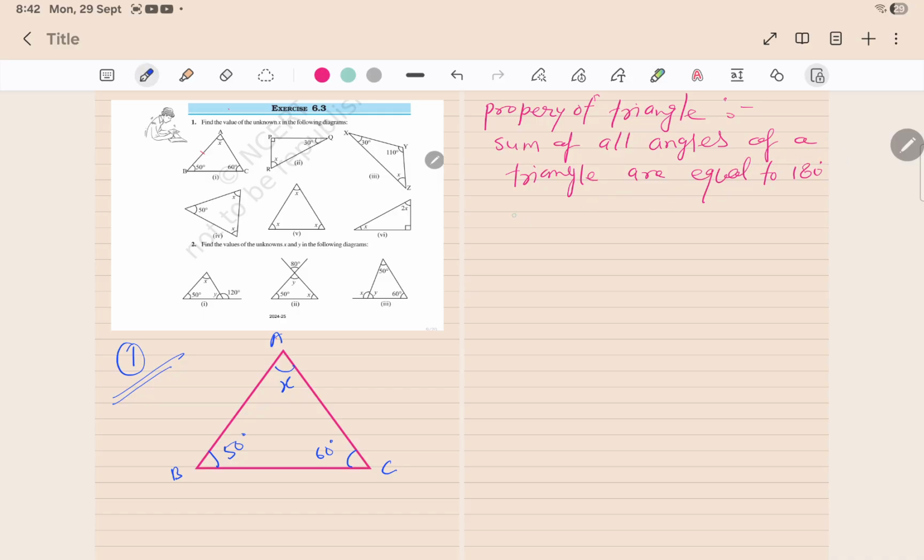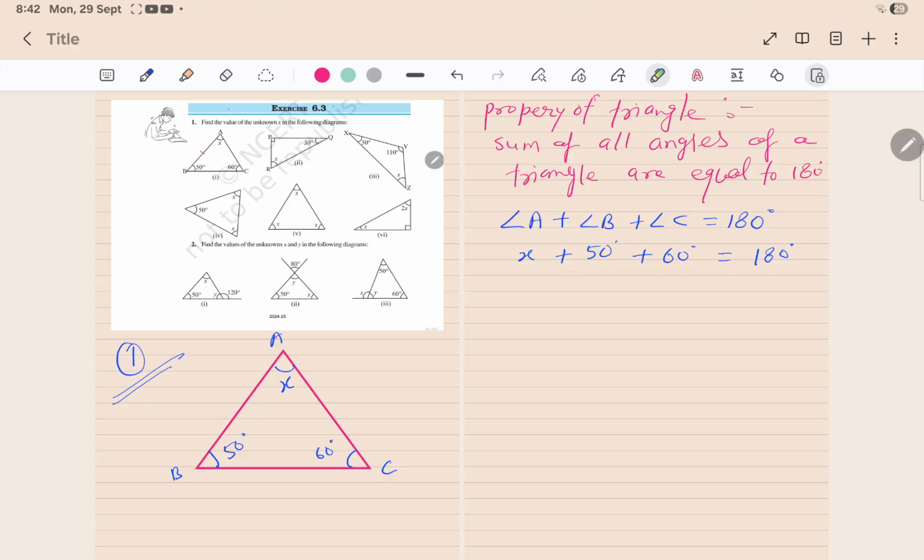We can write angle A plus angle B plus angle C equal to 180 degrees. Angle A is x, angle B is 50 degrees, angle C is 60 degrees.